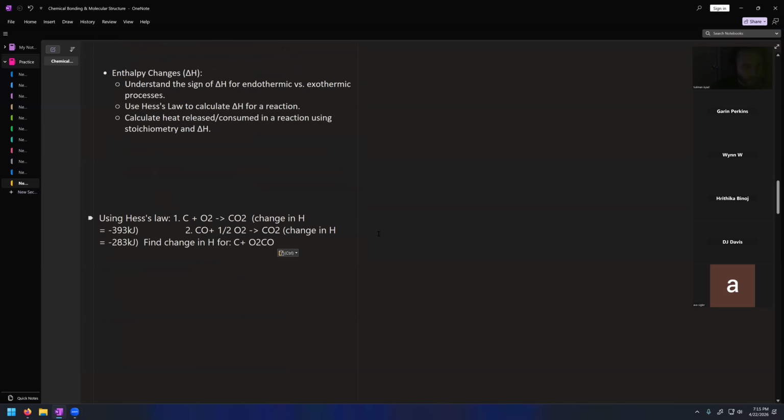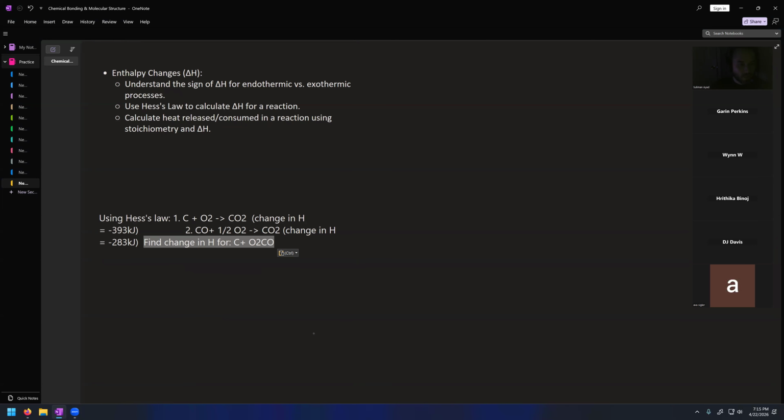Using Hess's law, carbon plus oxygen yielding carbon dioxide gives us a change in enthalpy of that much. And for CO plus 1/2 oxygen yielding CO2 gives us that change. We want to find the enthalpy for this.